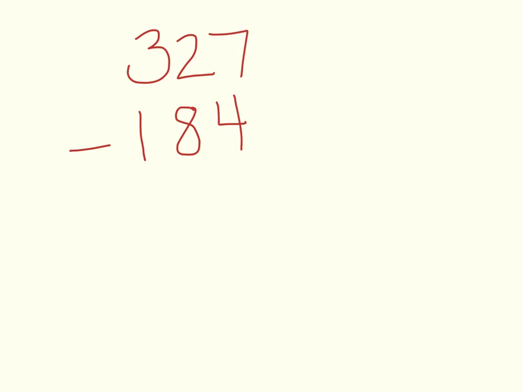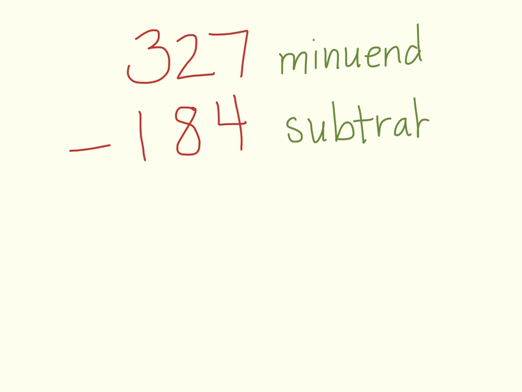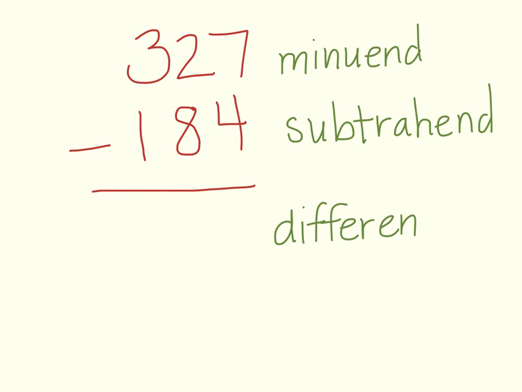In this case, 327 would be our minuend. 184 is our subtrahend. And we are looking for the difference because it is a subtraction problem. So, minuend, subtrahend, difference. Make sure, again, those terms are always right at the front of your head when you are doing a problem.